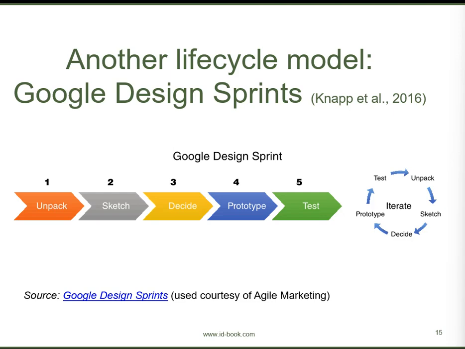This is a sprint type design, which is divided into 5 phases, namely unpack, sketch, decide, prototype, and test. Each phase is completed in a day. So if the project or software you are designing or developing is like this, the Google Design Sprint is applicable.